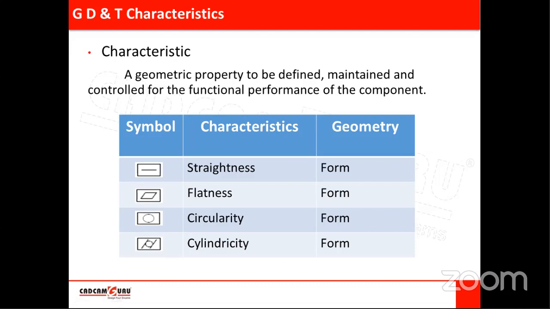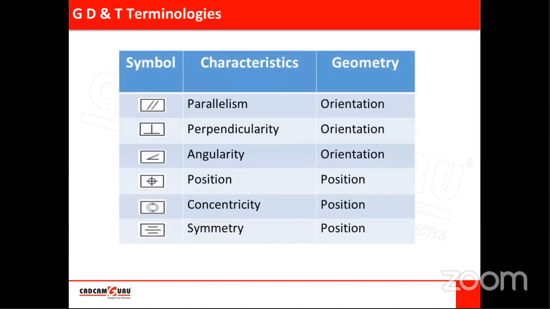Now we are moving towards the next group of characteristics: parallelism, perpendicularity, and angularity. Regarding position, we have already seen it while going through a case study I showed you regarding the covering clip.